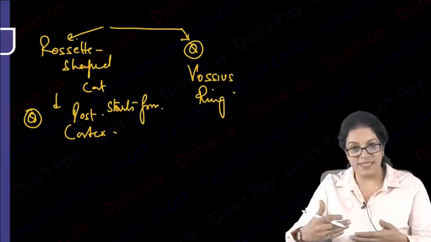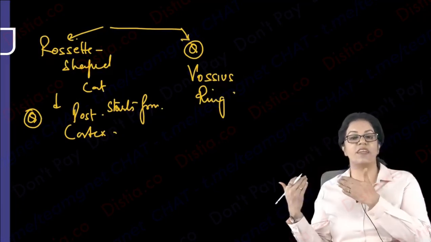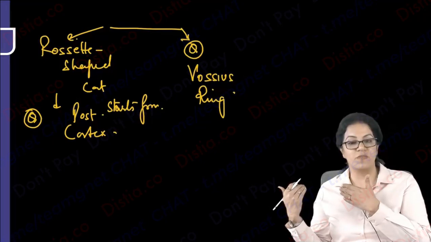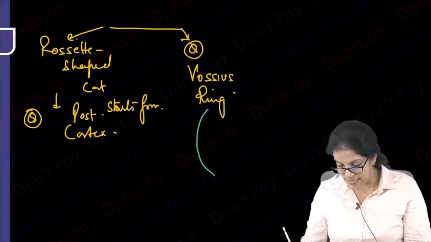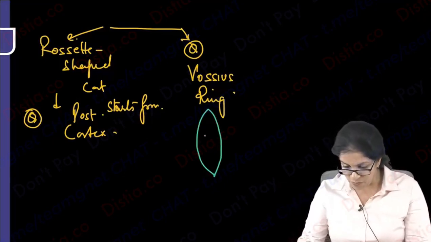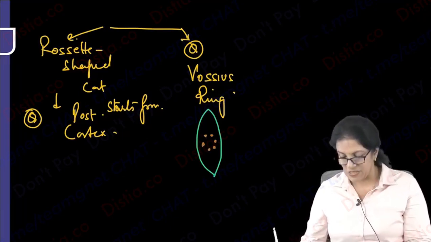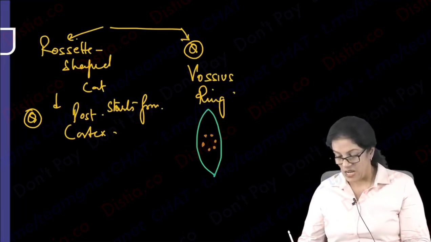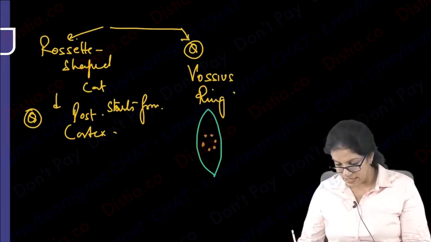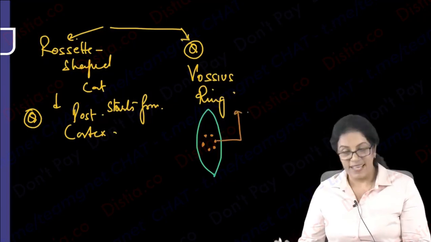So these pigments are going to get stuck on the anterior part of the lens, the anterior capsule, and that is always in the shape of the pupil, in the form of a ring. So this is what is called Vossius ring. Like this, these are iris pigments, and this is the Vossius ring.